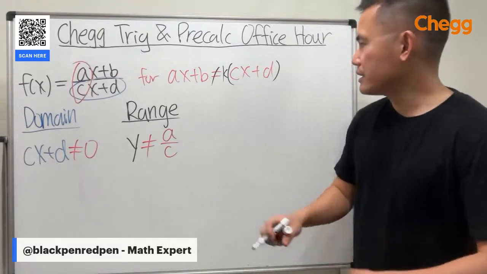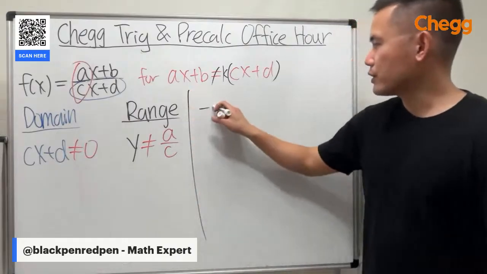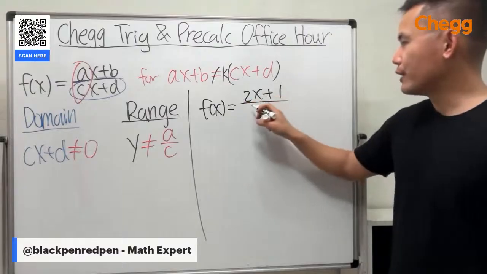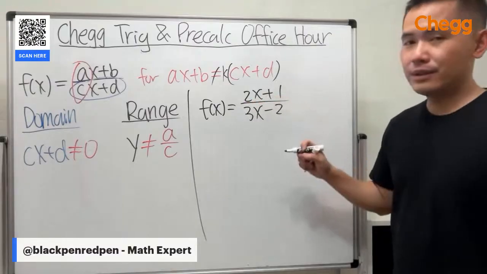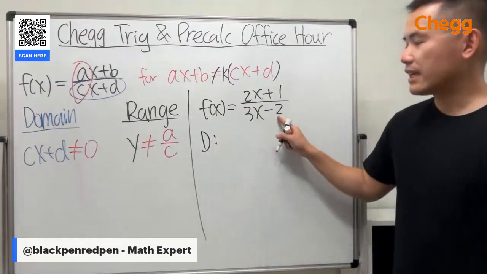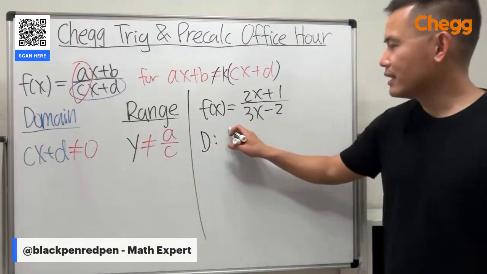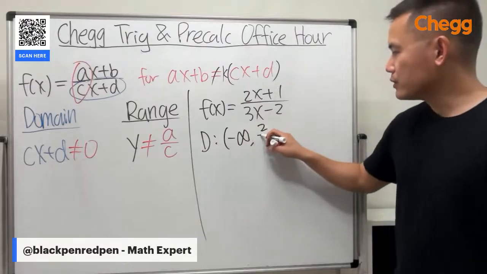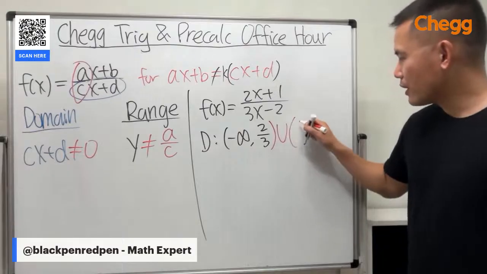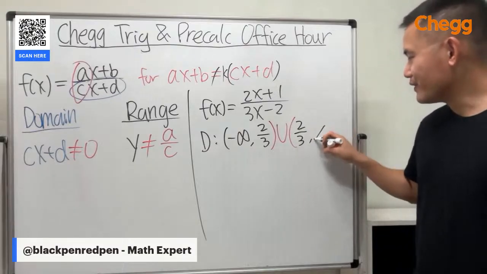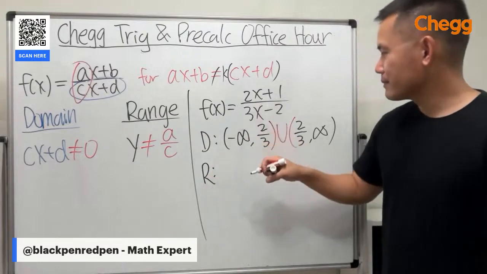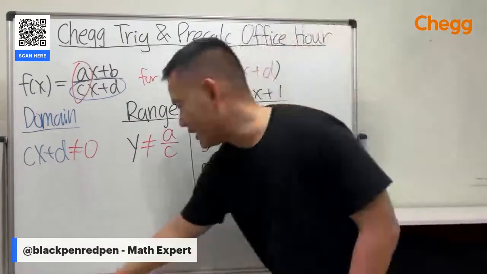For example, real quick, if you have a function f of x equals, let's say, 2x plus 1 over 3x minus 2, the domain is just x cannot be 2 over 3. Sorry, I don't like that.